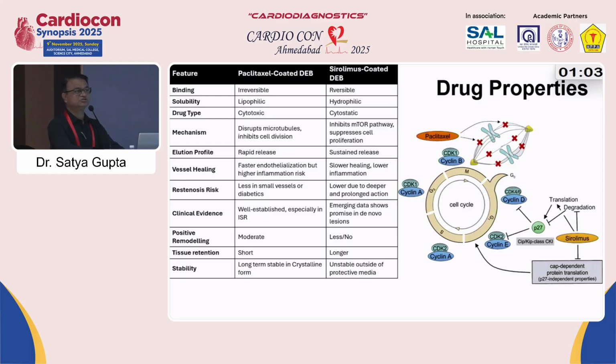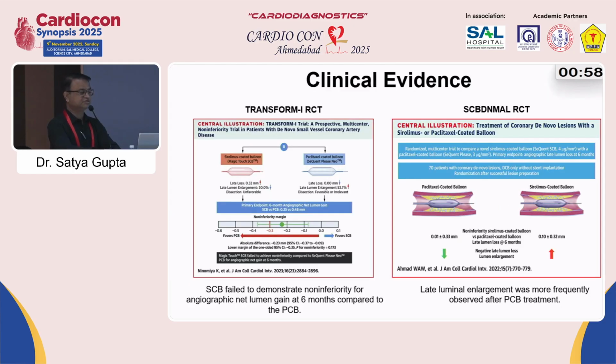So late luminal loss is less with paclitaxel and more with sirolimus. Now the data available, you see the TRANSFORM-1 RCT data, shows that paclitaxel is better. Late luminal loss is less with paclitaxel and more with sirolimus, and late luminal gain is also more with paclitaxel compared with the sirolimus drug.